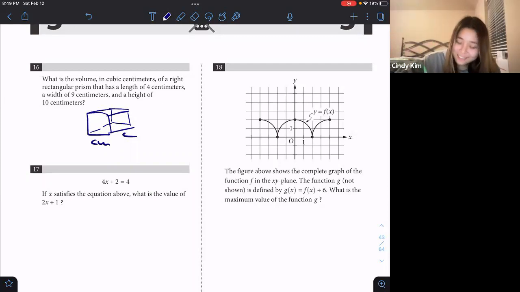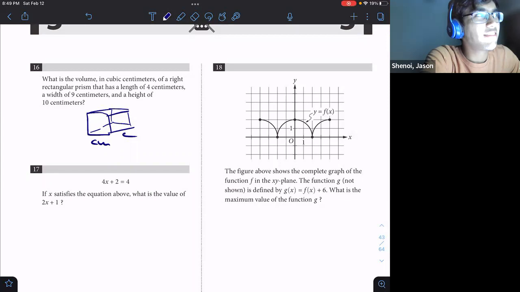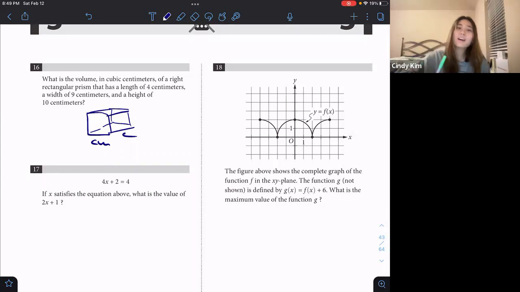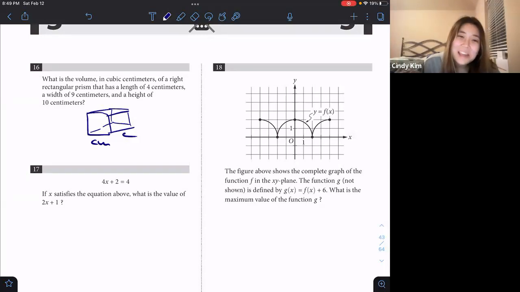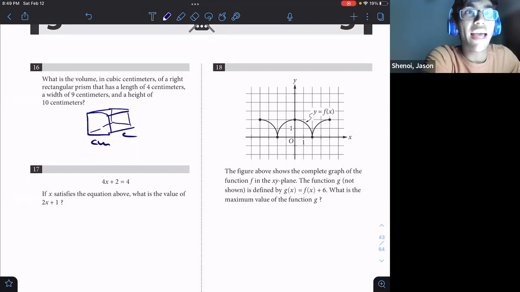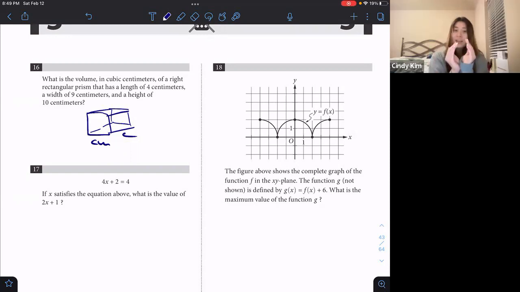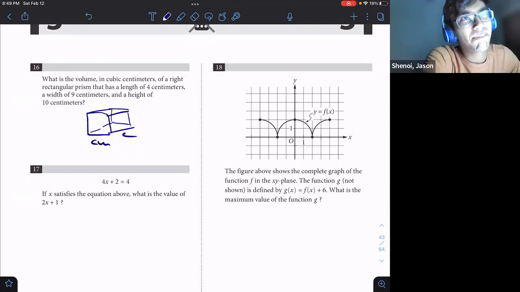Height is 10, plus... A plus B plus C... length plus width... You add them all and then you multiply?